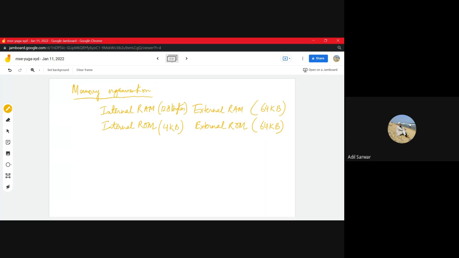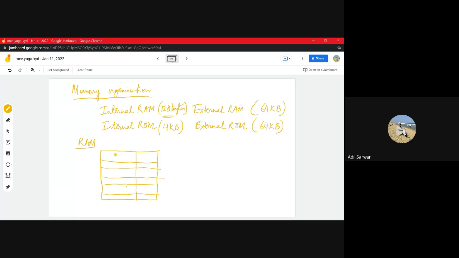Now let us look at how this memory is distributed. So RAM has 128 bytes. Let me just represent it here. Since there are 128 bytes or 128 memory locations, each byte has 8 bits.